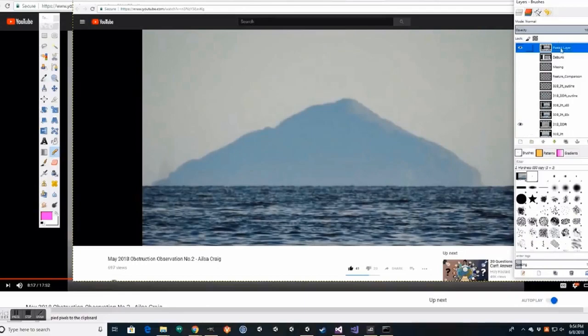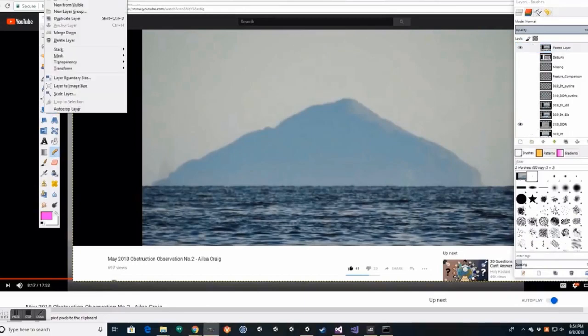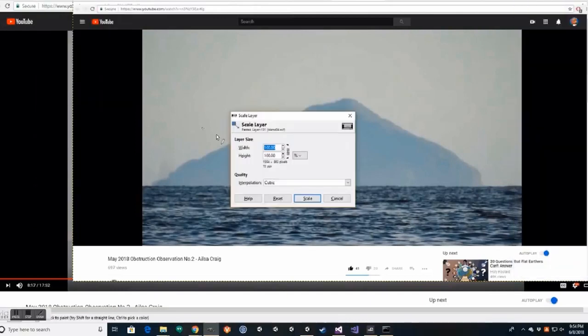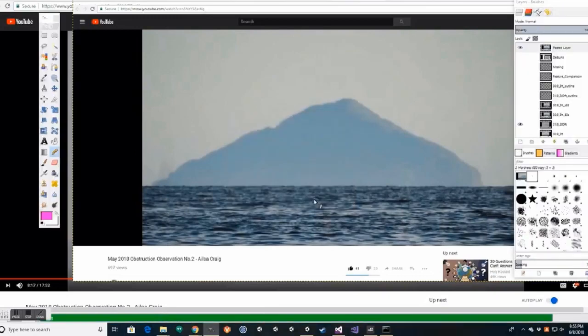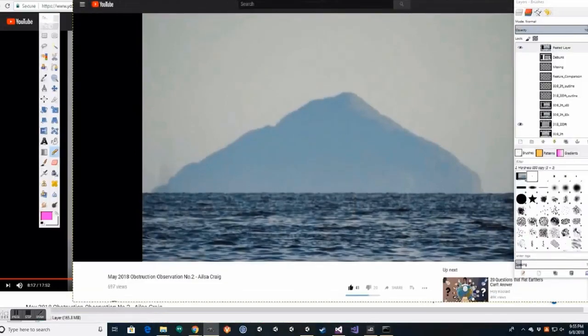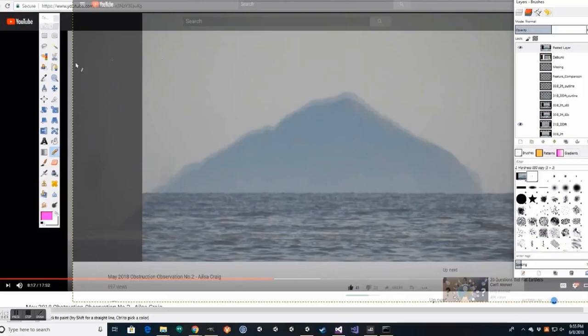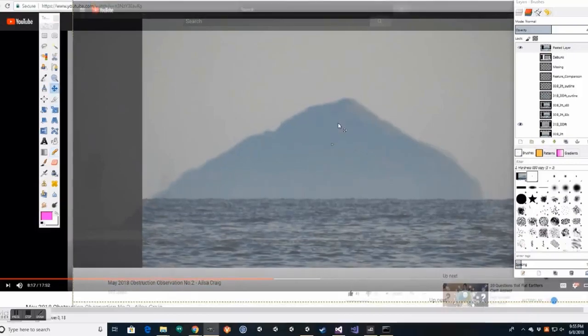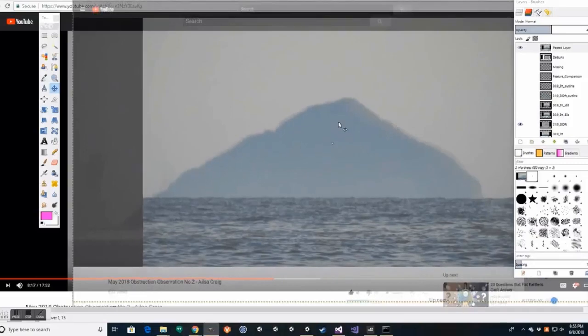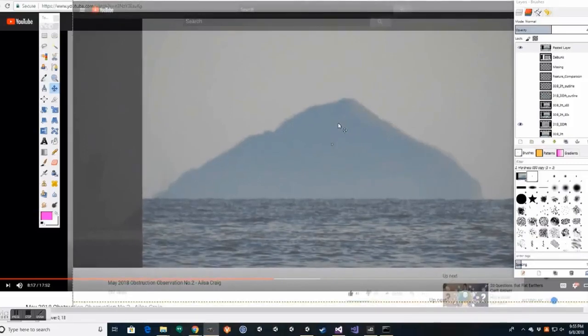Let's get rid of that one. And I'm going to now scale it only in the vertical to 115%. Let's do my transparency trick again and line it back up, lining up with the peak.